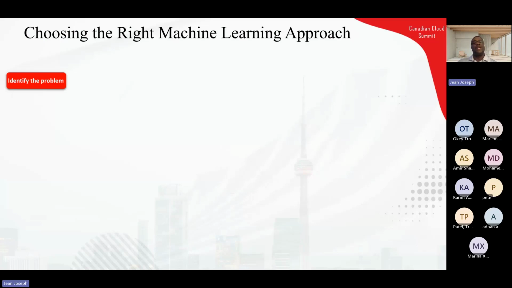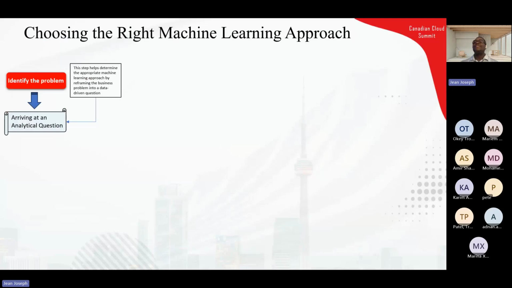Once we identify the problem or task, our next step is to translate the problem into specific, measurable questions that guide your data exploration.